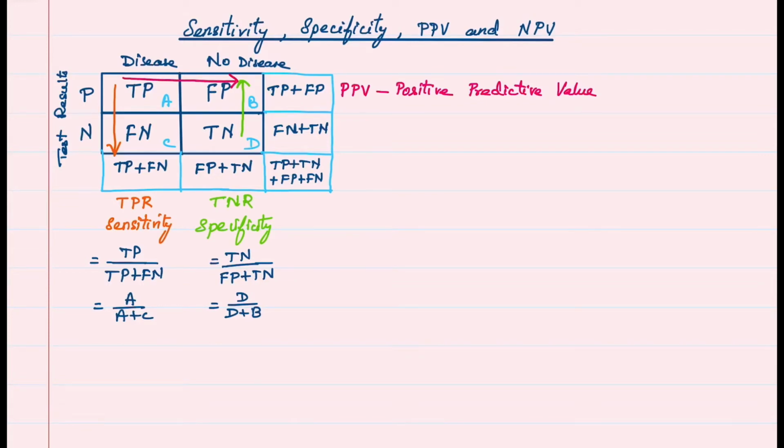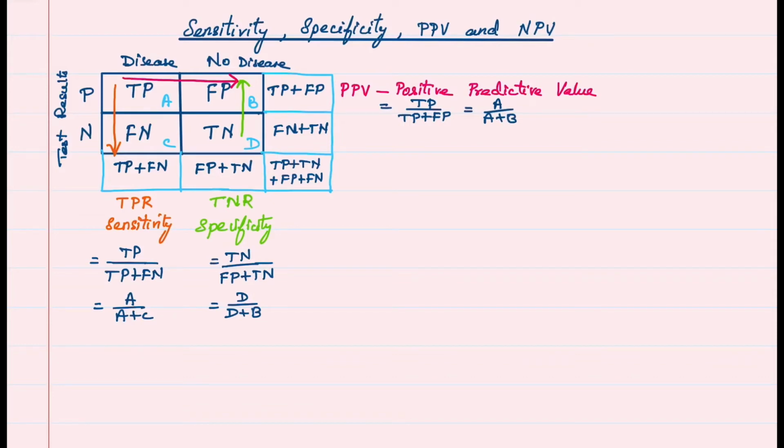Therefore, the formula for PPV is TP upon the total positive results, that is TP plus FP. This gives the probability of true positive results if the test result is positive. So we write the favorable cases by the total number of positive cases. We use only the numbers which are in the first row, or this can be written as A upon A plus B.